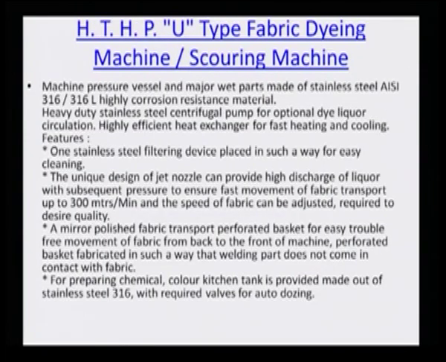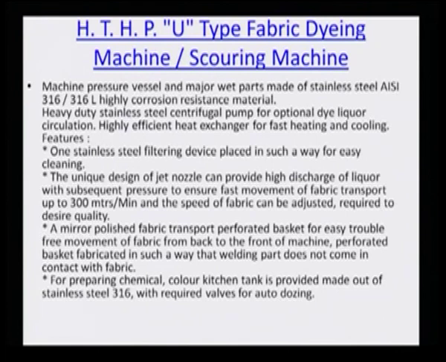HTHP type fabric dyeing machine or scouring machine: pressure vessel and major wet parts made out of stainless steel, that is, steel quality 316, highly corrosion resistant material is used. Heavy duty stainless steel centrifugal pump for optional dye liquor circulation, high efficient heat exchanger for fast heating and cooling features.